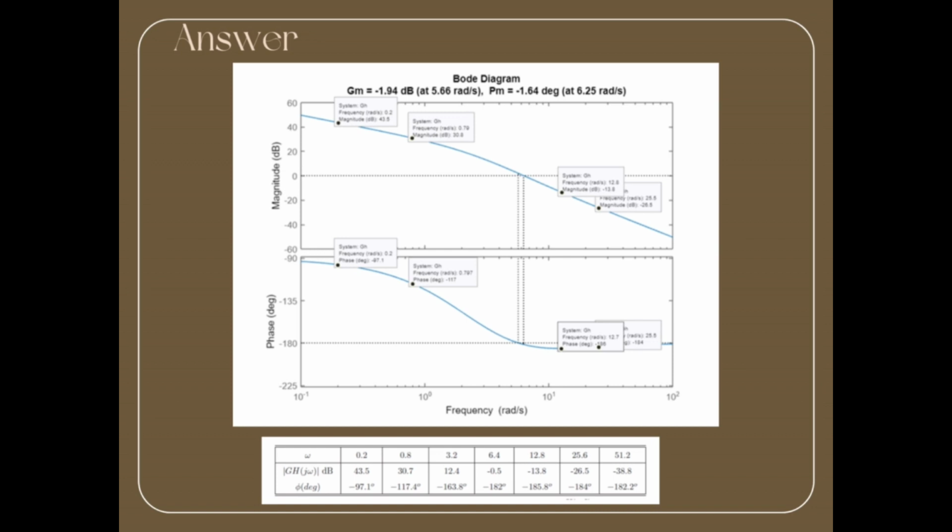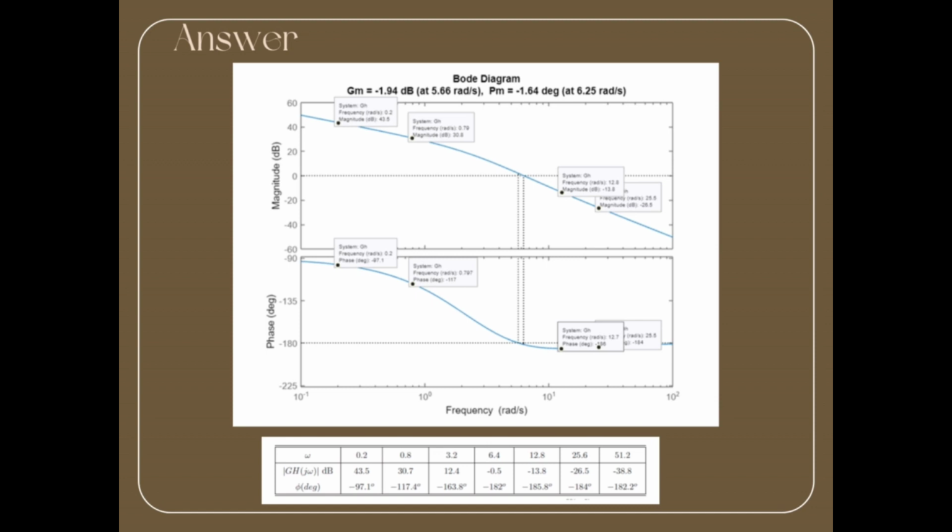I can say this graph is accurate because the values obtained are the same as the given box below. As you can see at omega 0.2, I obtained the same value for magnitude and for phase diagram. For omega 0.8, the same values are obtained for magnitude and phase, and the same goes for the other omega values.